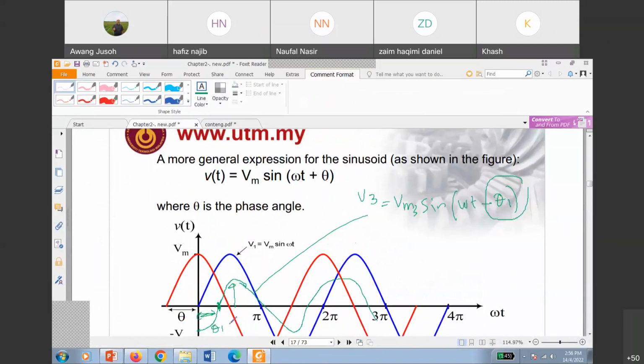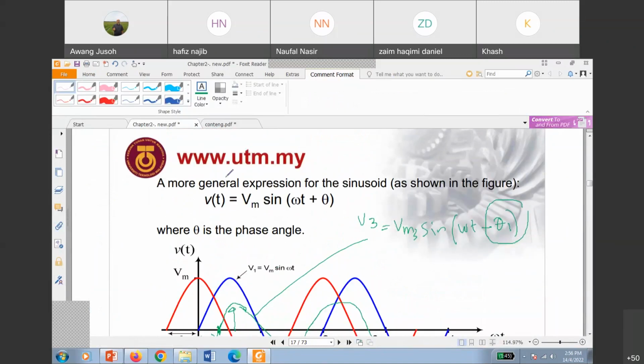Okay, jadi bila nak write a waveform, kalau voltage pakai voltage lah. V of t, V max, sin omega t plus theta. What is omega? Omega is 2 pi f. So from that, if they give the value, then you can find the frequency easily lah.